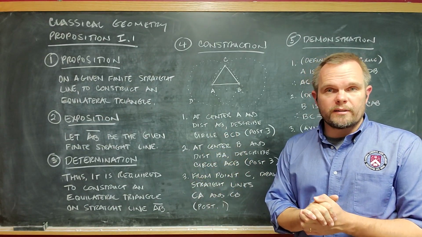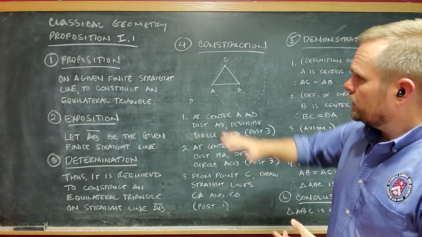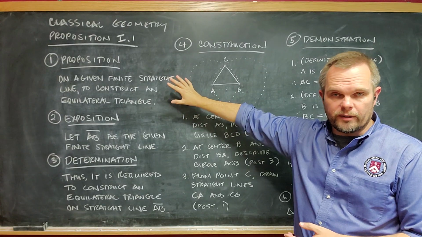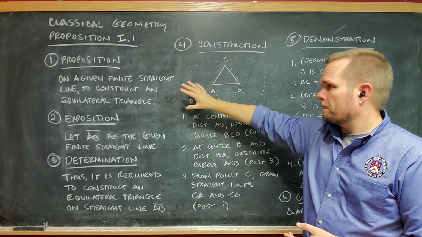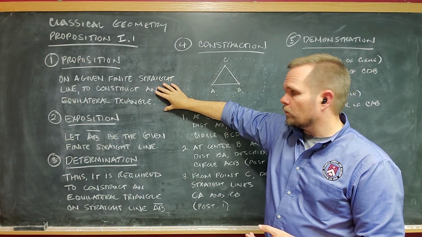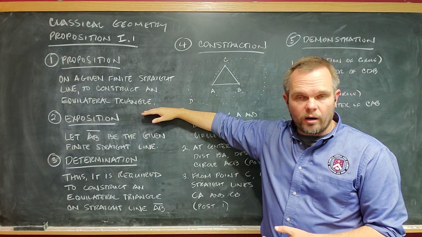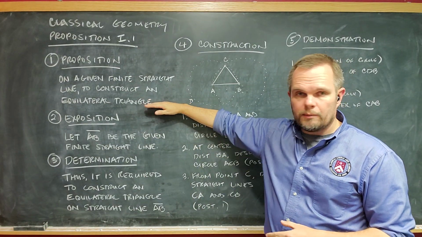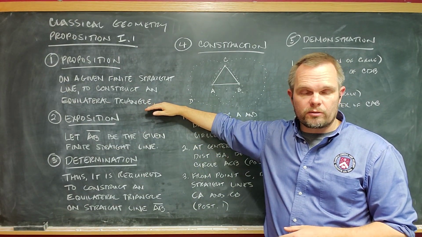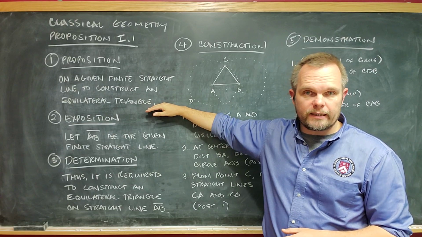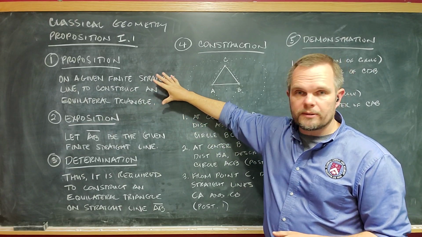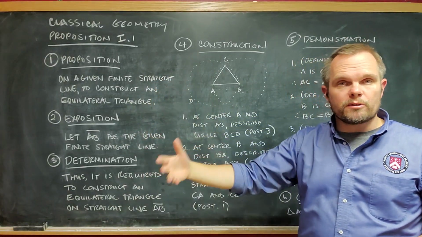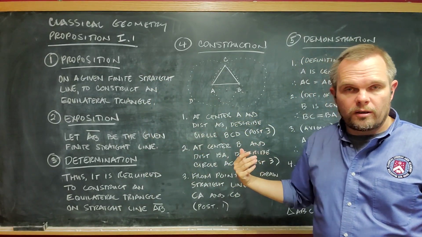One important thing to note before we finish: now that we have solved and proven this proposition, which tells us that we are able, based on the elements alone, to construct an equilateral triangle on a given finite straight line, this proposition is now added to the things that we're able to use in future propositions.